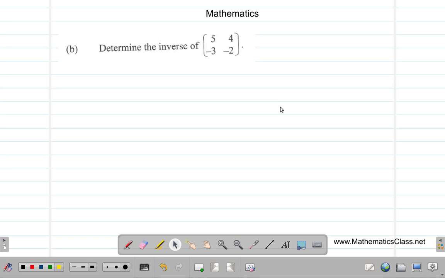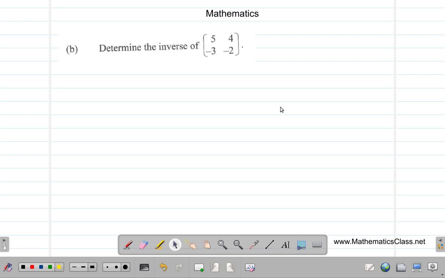We continue the example of a matrix, and this is part B of question 10 from the May 2021 CSEC mathematics paper. Now, here goes.